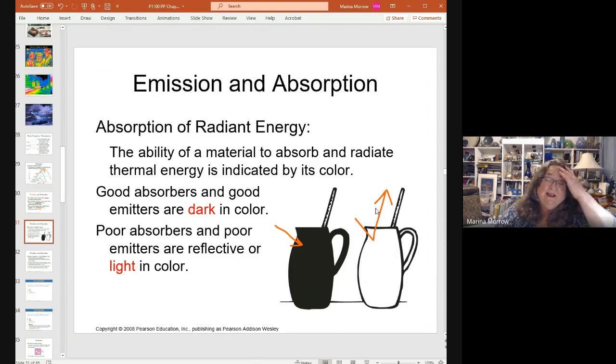They don't get as hot. And they are called poor absorbers and poor emitters also when they are light in color. Whereas dark objects, they're good absorbers of energy. If you heat them up, they're also good emitters. So if I heat this jug up, it's a ceramic jug, then it will radiate heat very well.